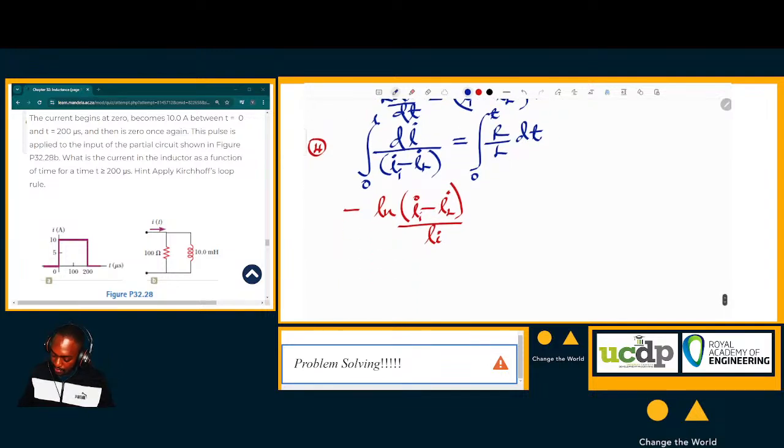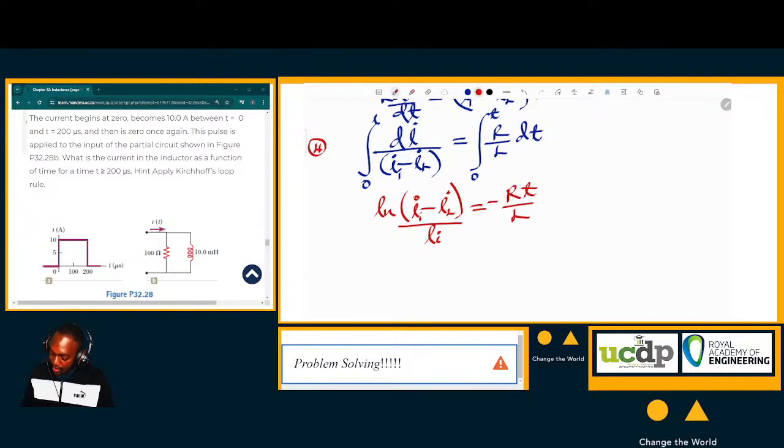Okay, so once we're there, then we're good. Integrate dt, you'll get t. So that's where you get your Rt over L. So now once you've done that, then you can, again, like we did in the other previous question, eliminate ln by adding an exponential, right? So you can then take this negative from there and put it on the other side.